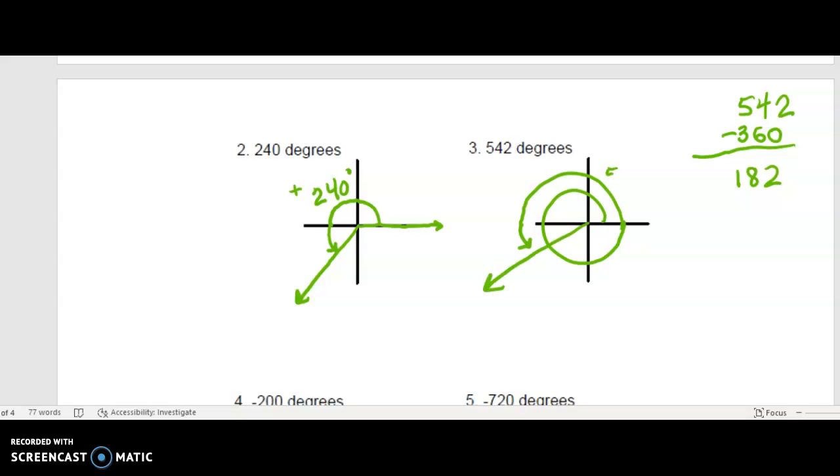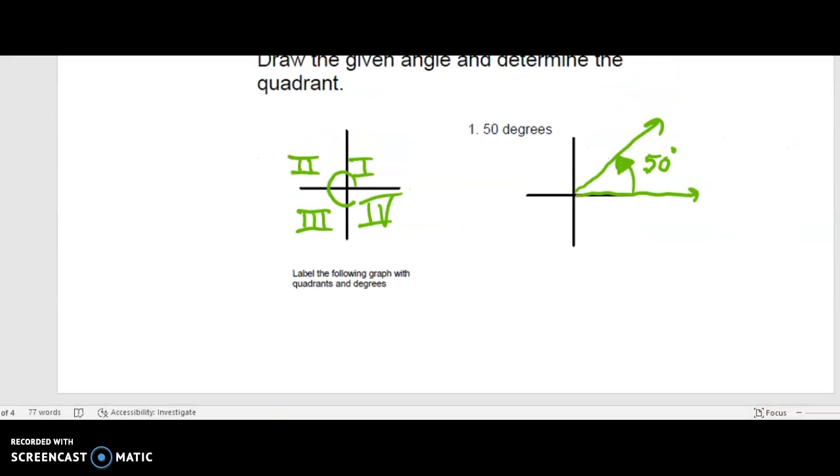And that would make 542 degrees. And I forgot we were going to tell what quadrant each of these are in. 542 is in quadrant 3. The 240 is also quadrant 3. And the 50 is quadrant 1.